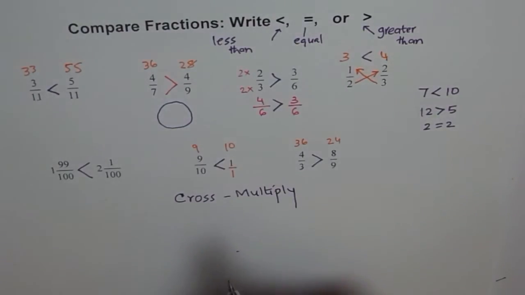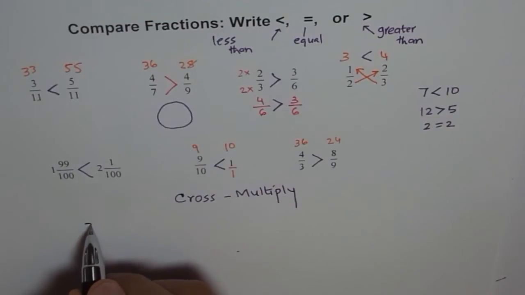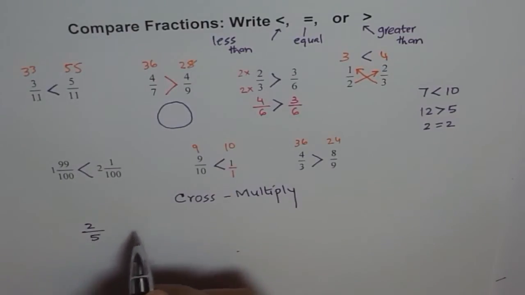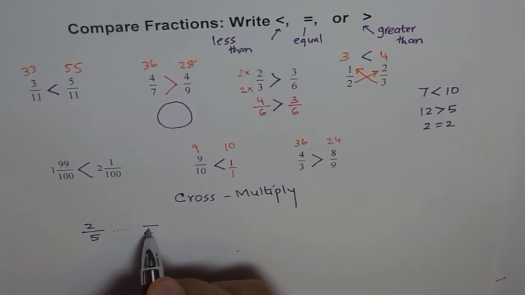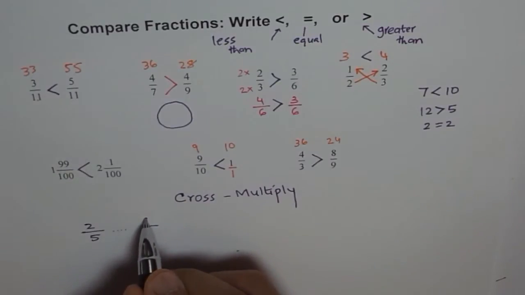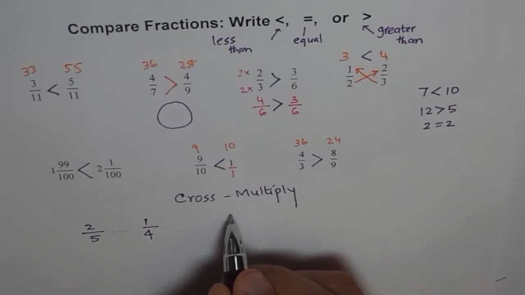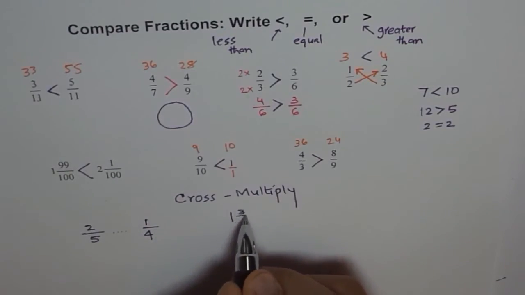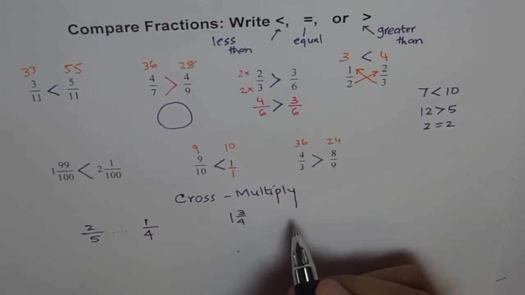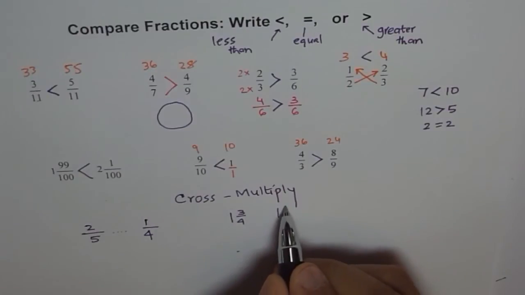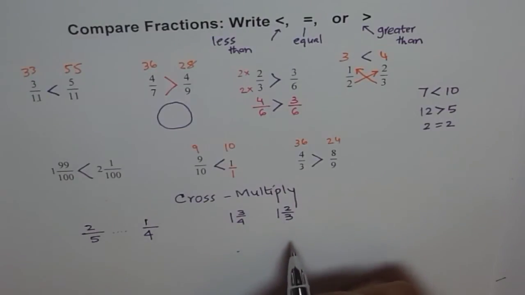Here are some questions for you, and we'll write them as 2 over 5, and you write down what comes here, right? And let's say 1 out of 4. Then we have 3 over 4, and 2 over 3. This is tricky.